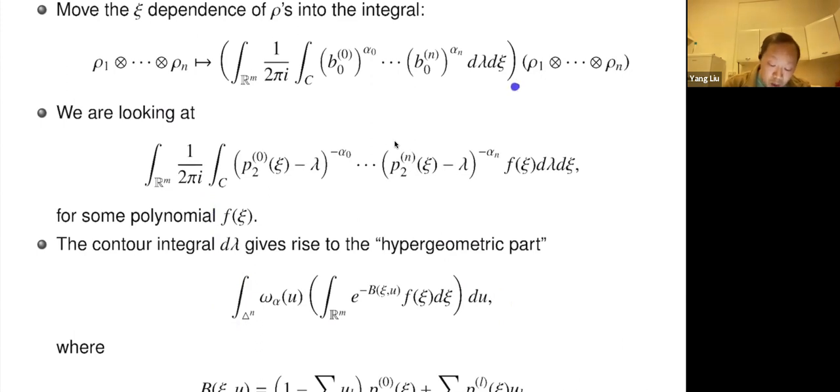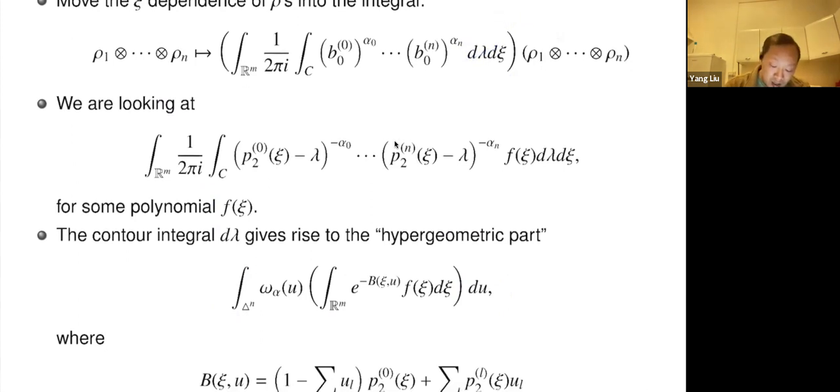Because this row 1 has polynomials in psi, I can factor out all this psi into this integral. So basically we are looking at an integral of this type, where f of psi is a polynomial.